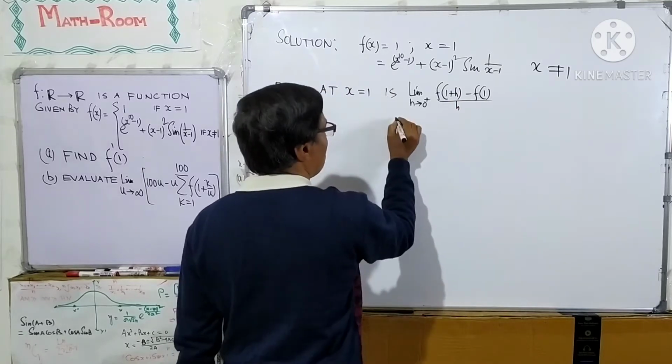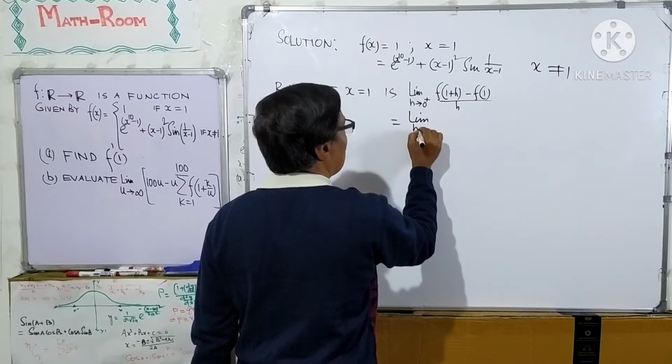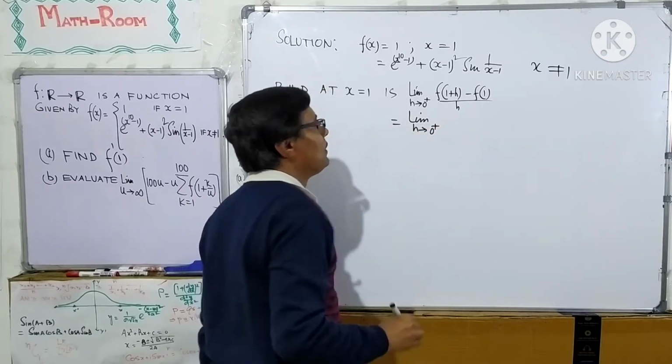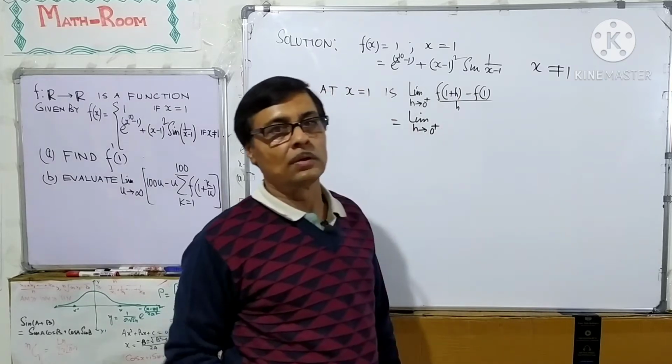This is the definition of derivative. So this is equal to the limit as h tends to 0 plus of f(1 + h), where 1 + h means x is not equal to 1.